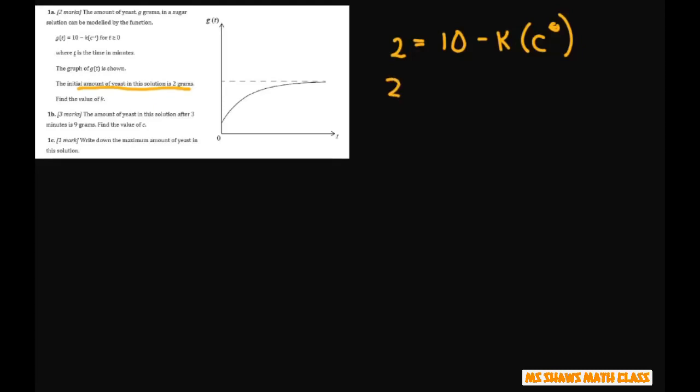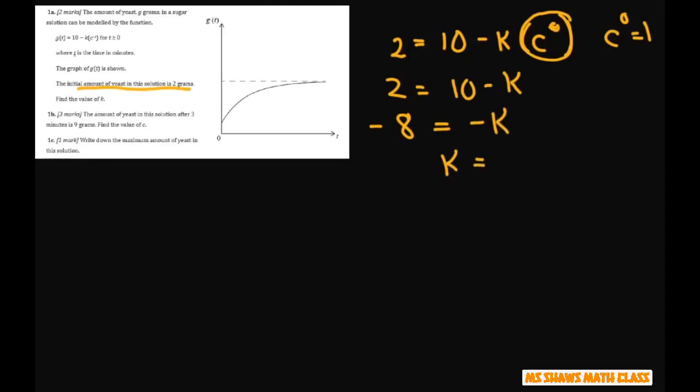So basically you get 2 equals 10 minus k c to the 0. Anything to the 0 power equals 1, so 1 times k is just k. Subtract 10 from both sides, you get negative 8 equals negative k. So k equals 8. All right.